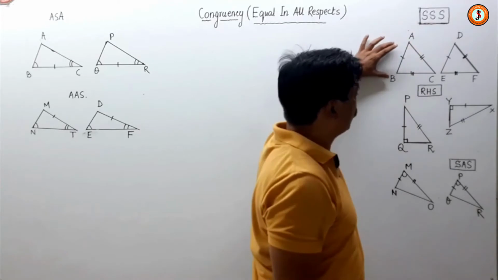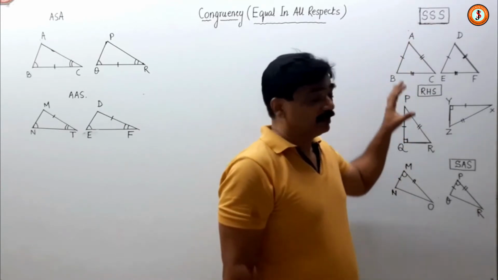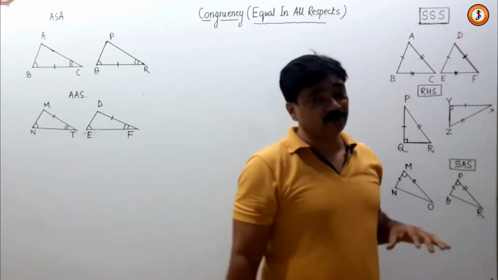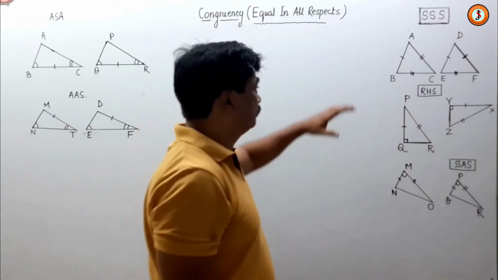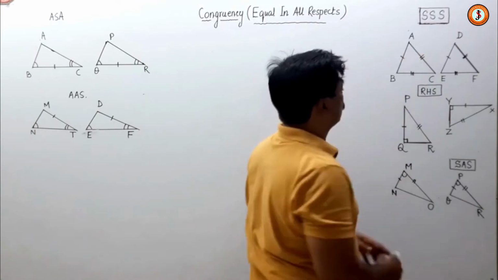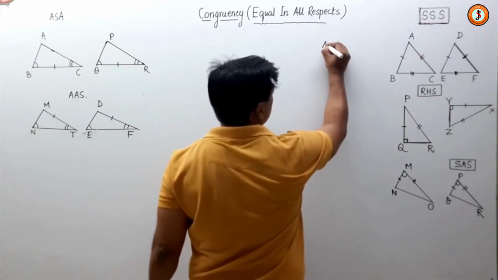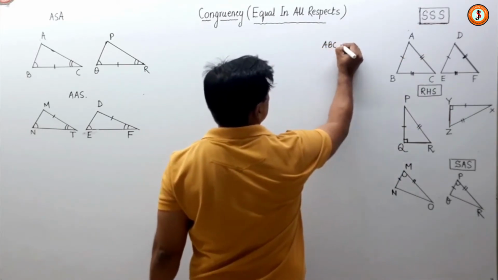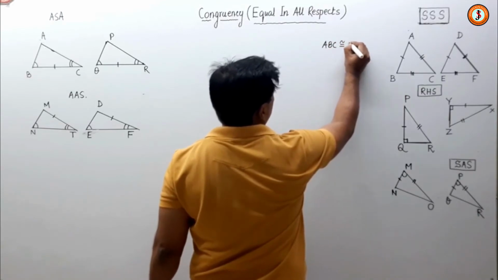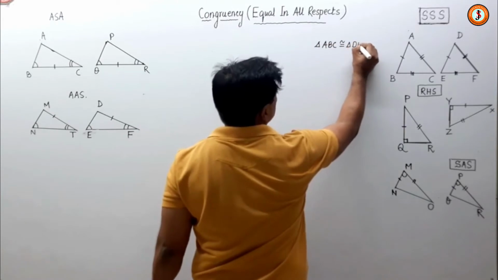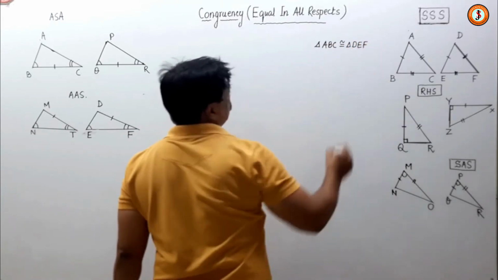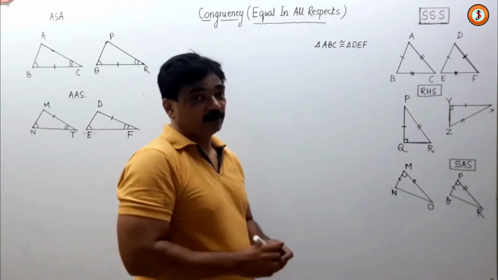That means if all the 3 sides of one triangle are equal to all the 3 sides of the other triangle, then the triangles are congruent by SSS. That means triangle ABC is congruent to triangle DEF. Now see, the writing should also be in perfect order.